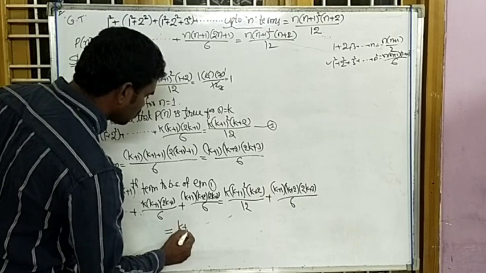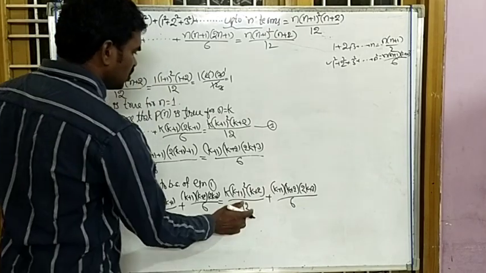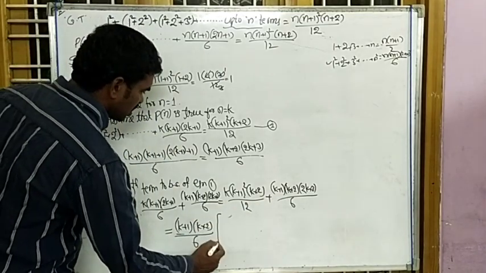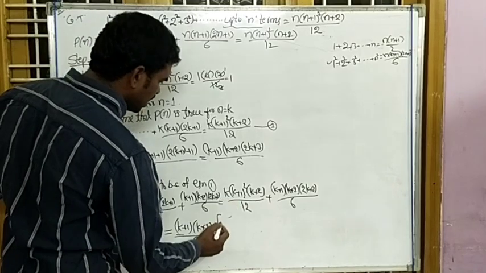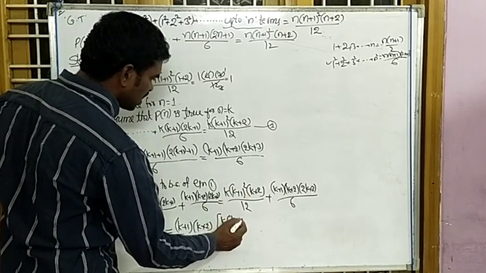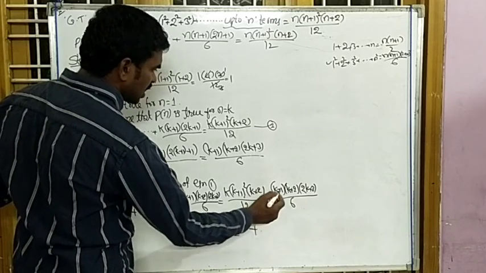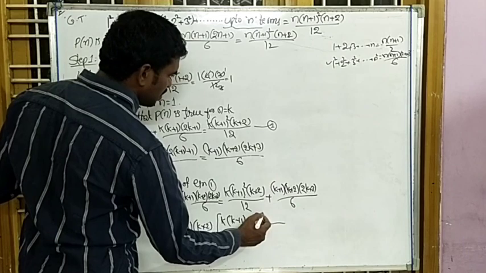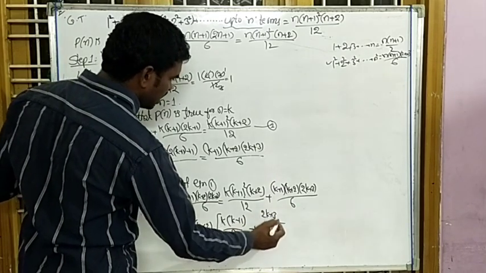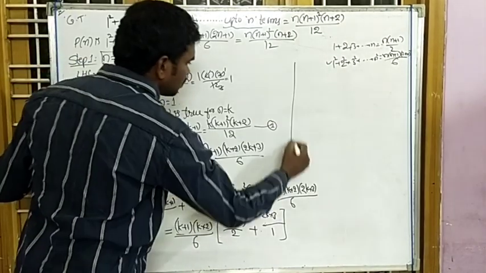So k plus 1 we can take common, k plus 2 we can take common, and in 12 and 6, 6 is common. Then the remaining term is k. Only one k plus 1 is common, another k plus 1 is there, and by 12 means 6 taken common, the remaining is 2, and k plus 1 and k plus 2 taken common, the remaining is 2k plus 3, and in the 6 term, if you take 6 common we get only 1. Okay, keep it as it is, simplify this.